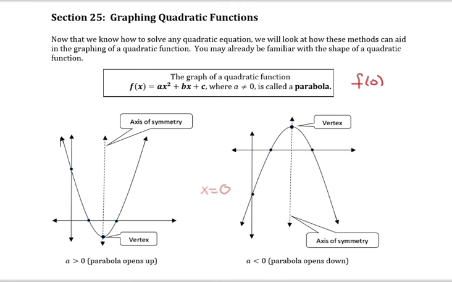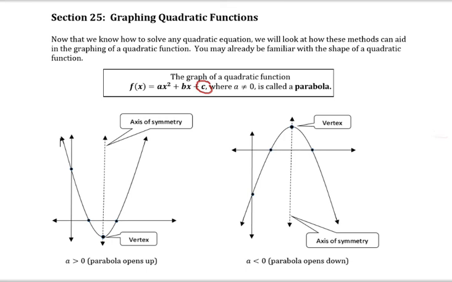So the value of the y-intercept can be found by evaluating our function at 0. And what do we get when we plug in 0? We have a times 0 squared plus b times 0 plus c. So the first two terms cancel out and we get just the last coefficient, c. Therefore, we can say that the y-intercept equals the value c.